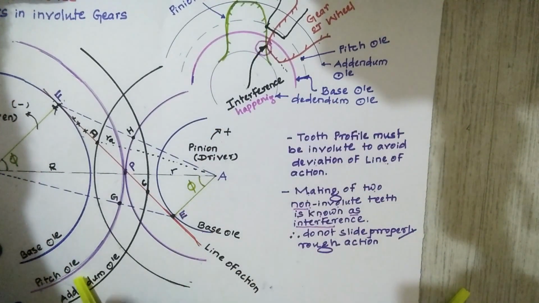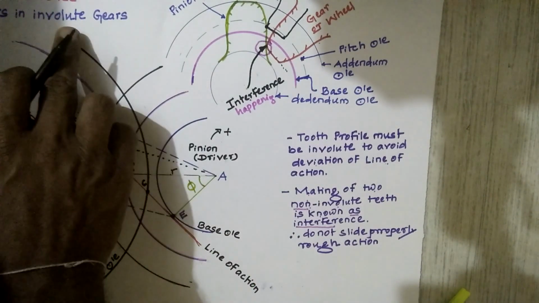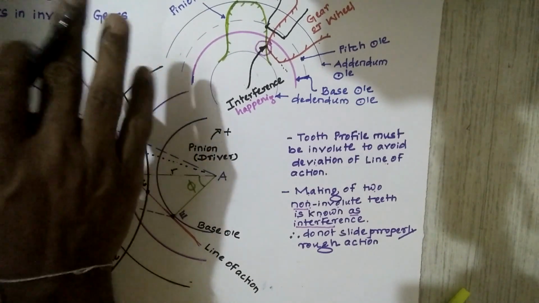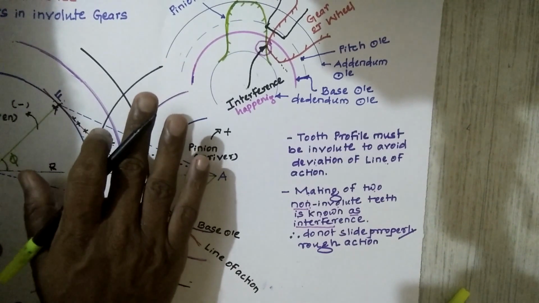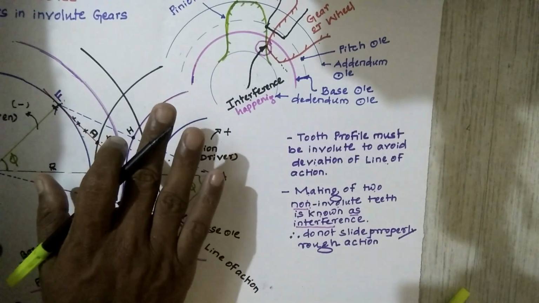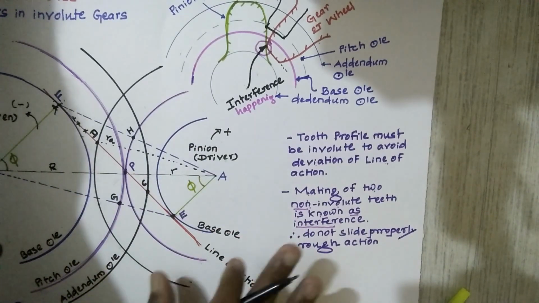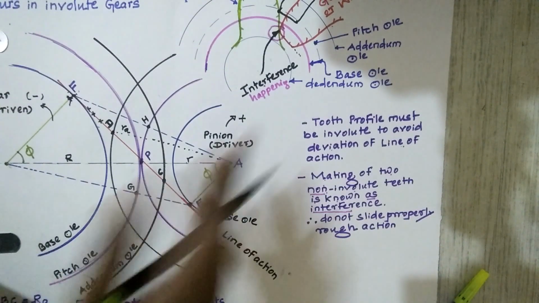I hope that you got it. One more thing you have to remember: interference will occur in involute gears only, not cycloidal. I will take the derivation in the next class. I hope that you got interference. That is the nomenclature also. If you want, you take this. I stop here only.